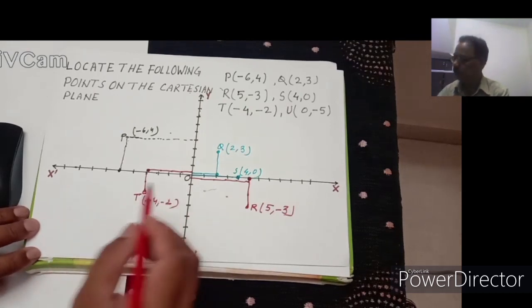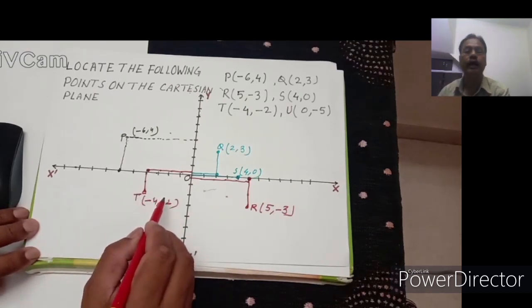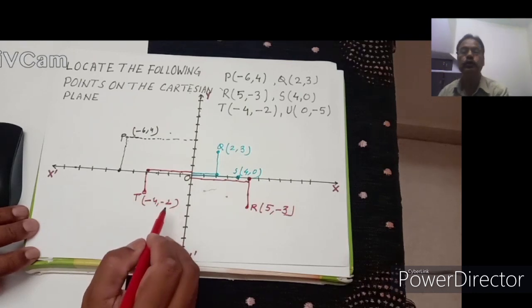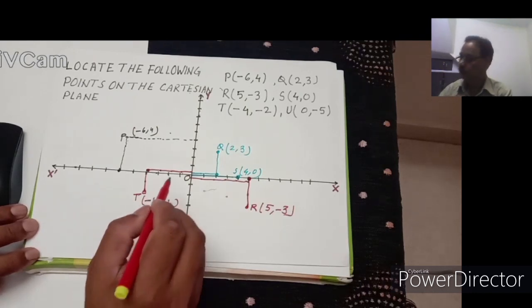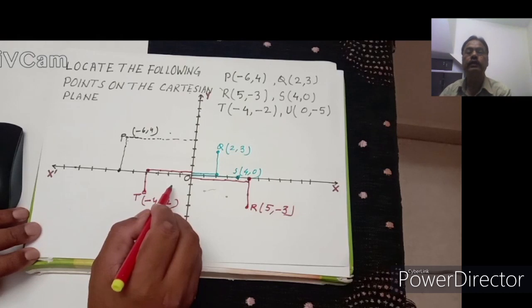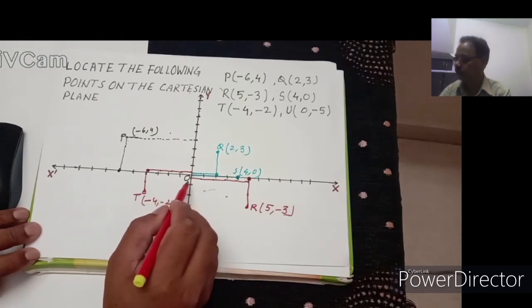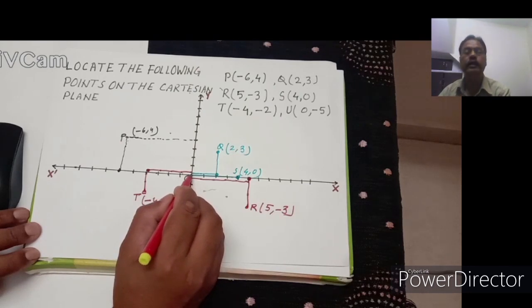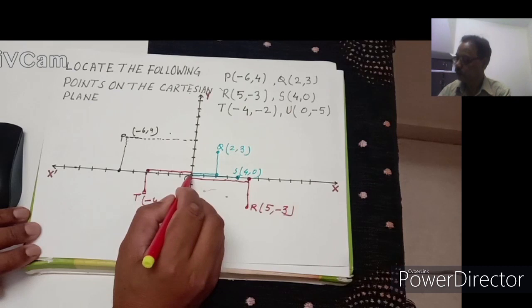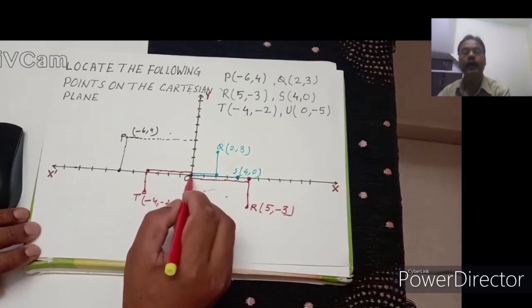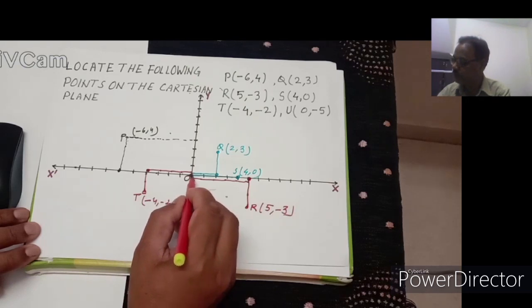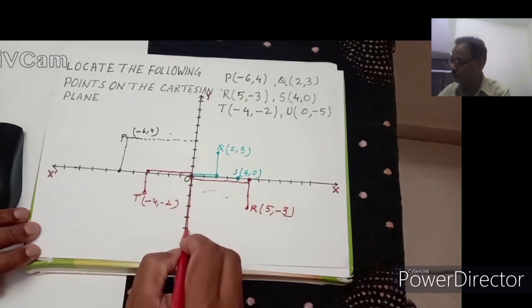And now the last point, point U, we are going to plot it. U, its coordinate is 0 and -5. 0 means x-axis. On the x-axis we don't move anywhere. So from the origin we shall move only to the y-axis negative side 5 units. -1, -2, -3, -4, -5.